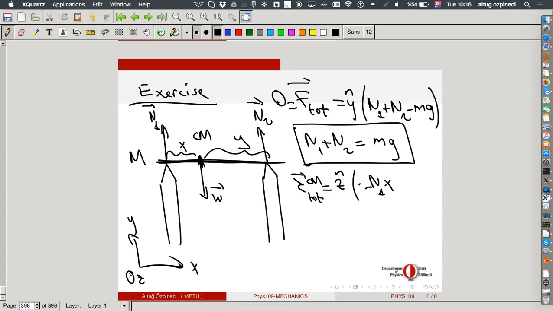This is the direction of the force. If you just rotate it, right hand is towards you, which is the plus z direction. Plus N2 times y. This should also be 0. So this gives us another equation. N1 times x is equal to N2 times y.